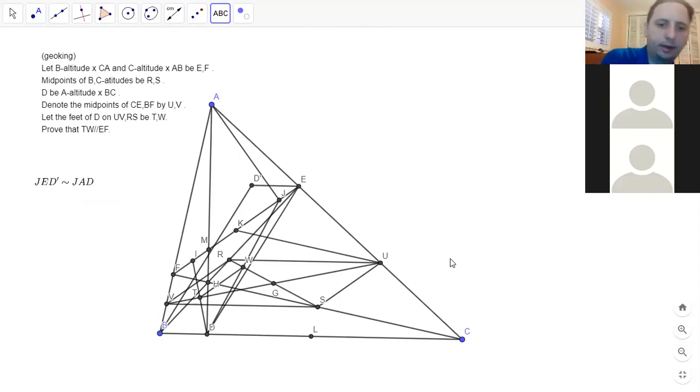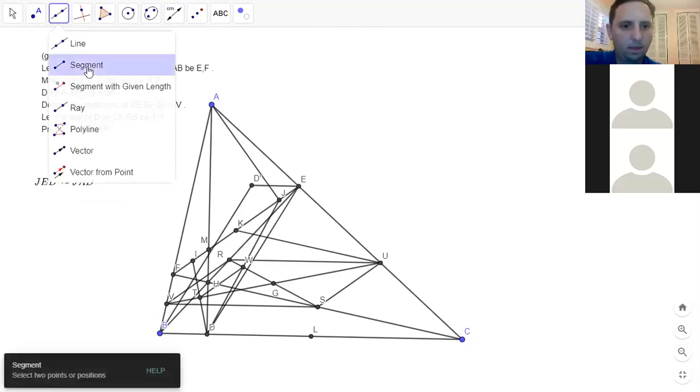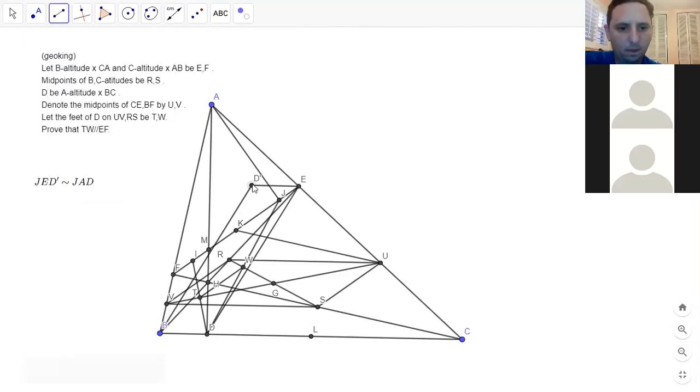And then how do we get that JW equals WD? Because in right triangle D prime JD, JR is the median, so RJ must be equal to RD. Similarly, we get that SJ equals SD.